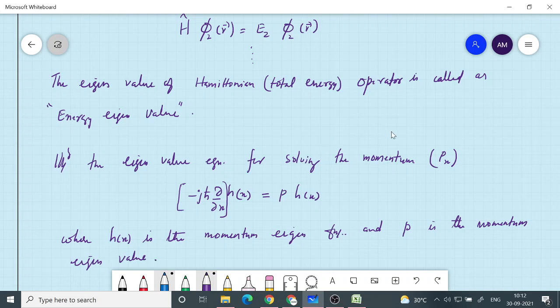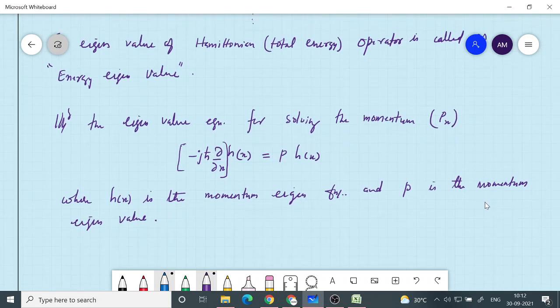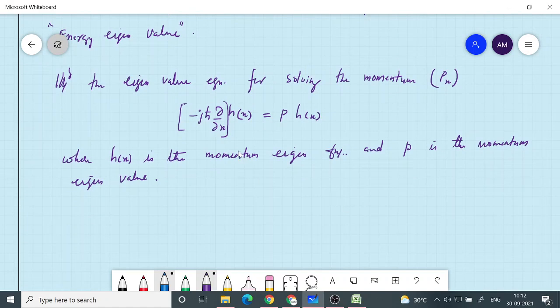So for everything that we can measure, there is an operator. That's how classical mechanics and quantum mechanics differ. For everything that we can measure, there is a corresponding operator. You need to find the eigenvalues and the eigenfunctions. That will tell you what values the particle or the system can take for momentum.